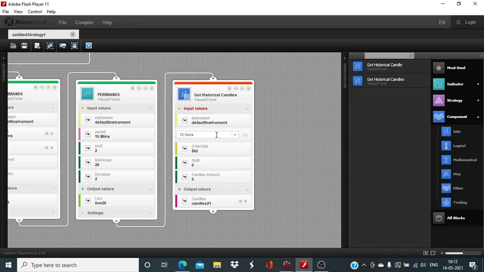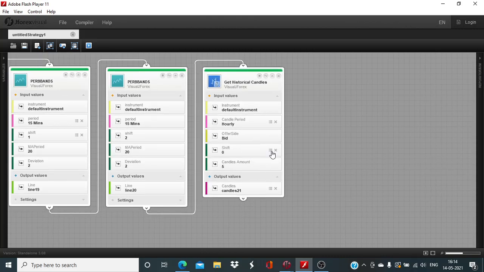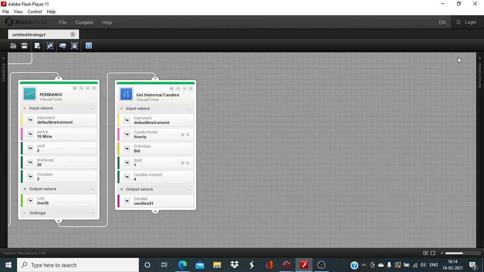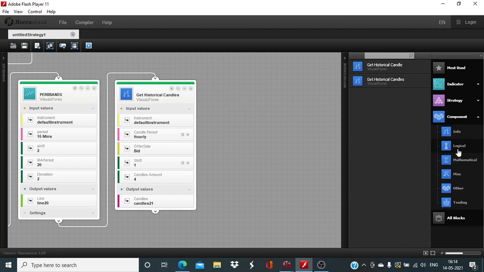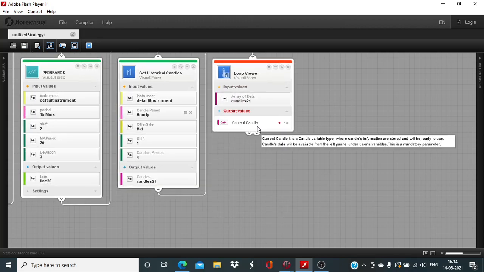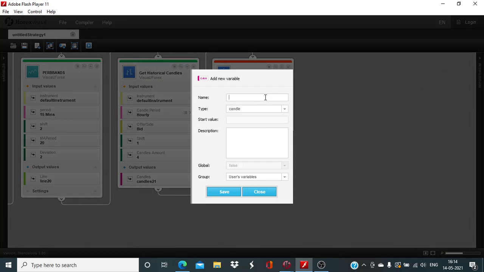This will be changed to hourly, it will be 1, candle amount I will reduce to 4, and to retrieve the individual component I will have to bring in the loop viewer. This I will create as a new variable.